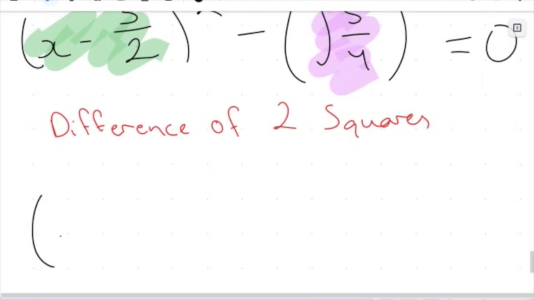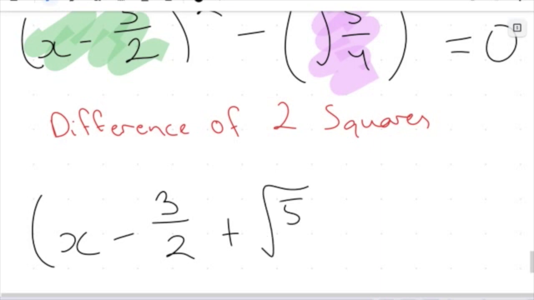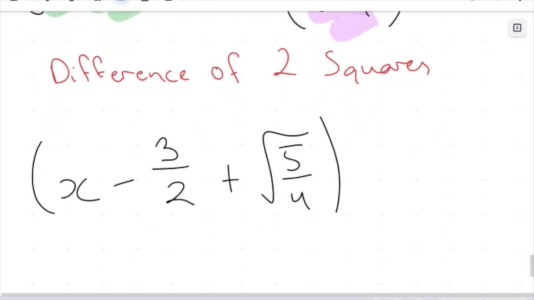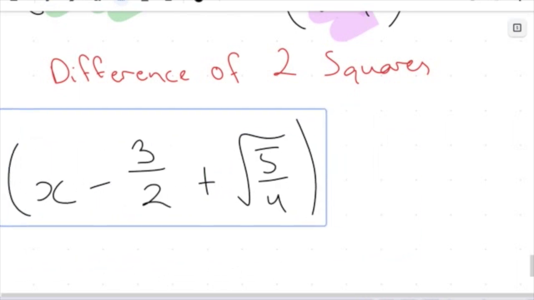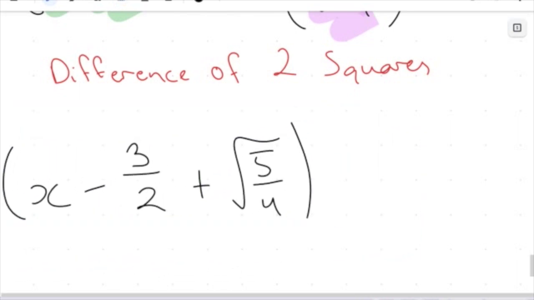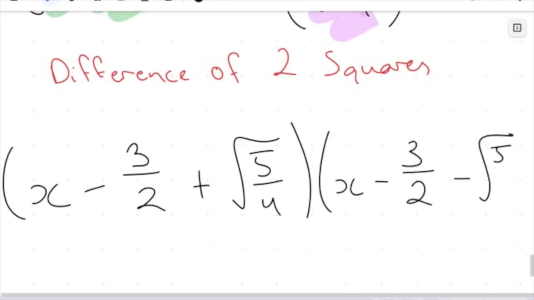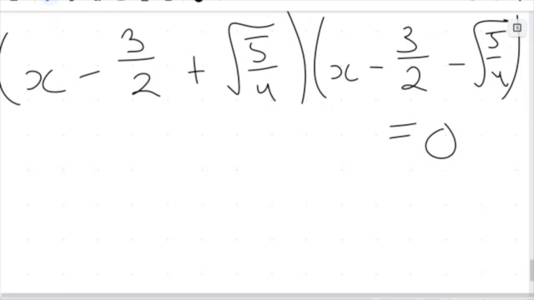So I have (x minus 3 on 2 plus root 5 on 4) and, let's give ourselves some more room, (x minus 3 on 2 minus root 5 on 4), and that equals 0 on the right hand side.